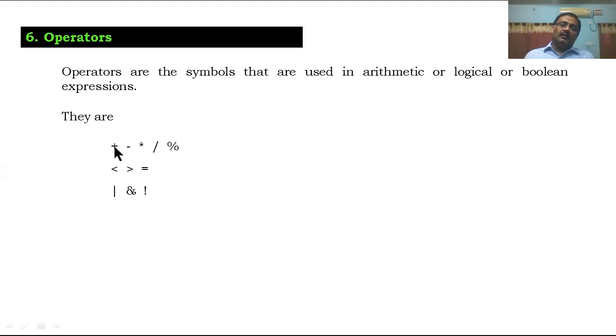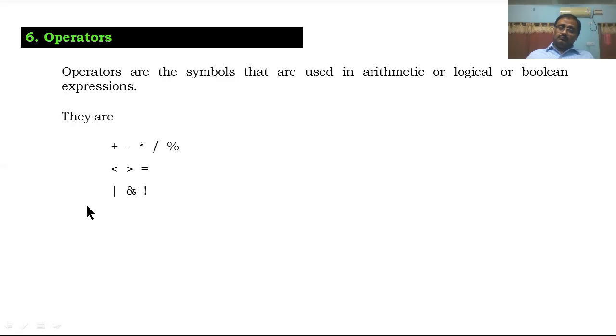They are plus, minus, star for multiplication, slash for division, and the percentage symbol to find out the remainder when a particular value is divided by another value, and less than, greater than, equal to. These are the operators.